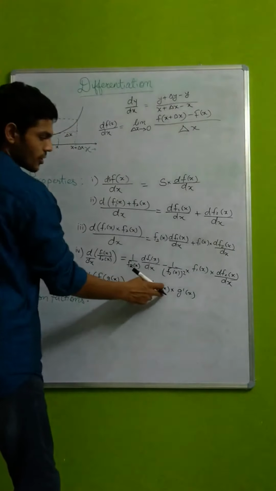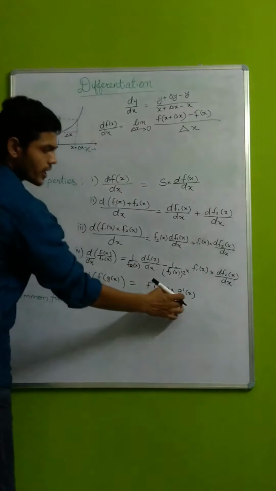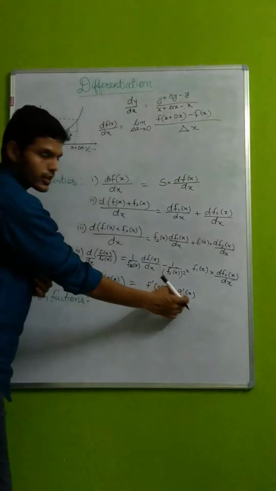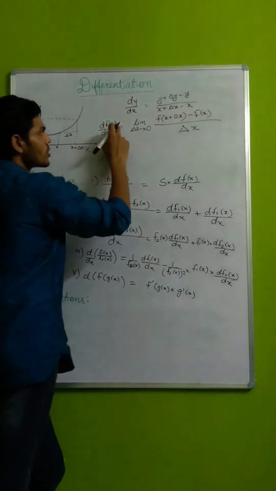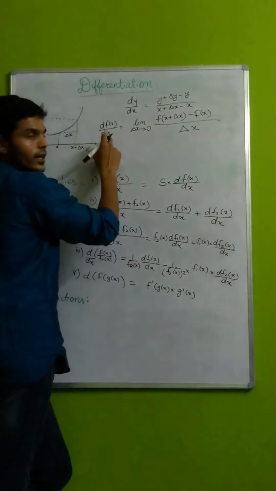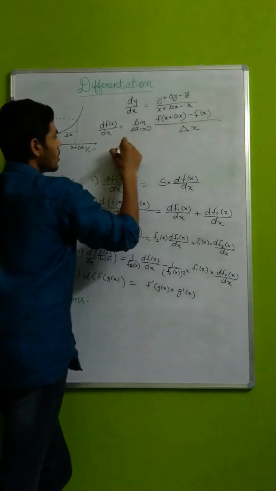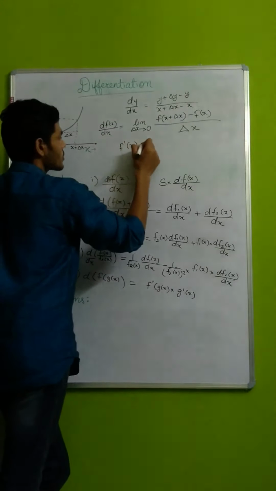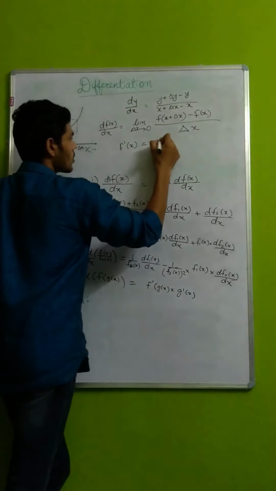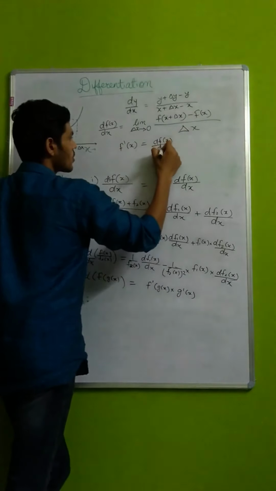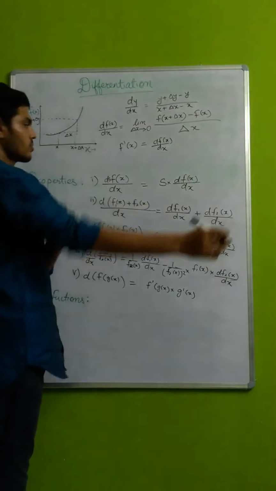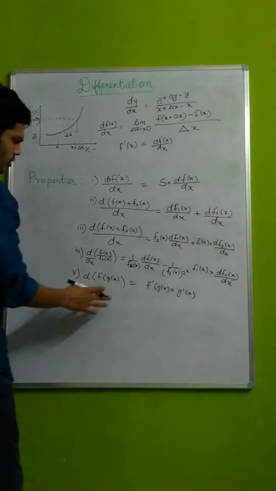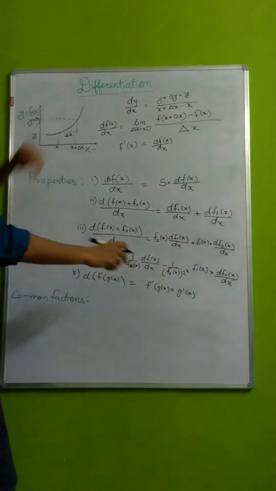This g dash x means differentiation of g of x with respect to x. So we can write the differentiation of function f of x with respect to x as f dash x. This is basically representation of differentiation function. So these are the properties of differentiation.